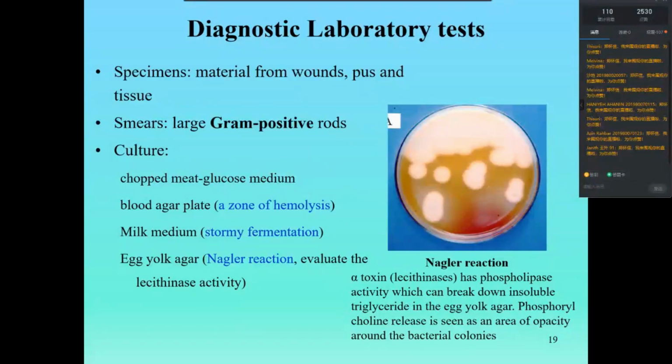Or you can culture them on the egg yolk agar. So this is one medium containing egg yolk. Because egg yolk contains a lot of lecithin, and the bacteria can produce lecithinase. It can lyse, degrade the lecithin. So you will see a halo around the colony, around the area of the bacteria colonies.